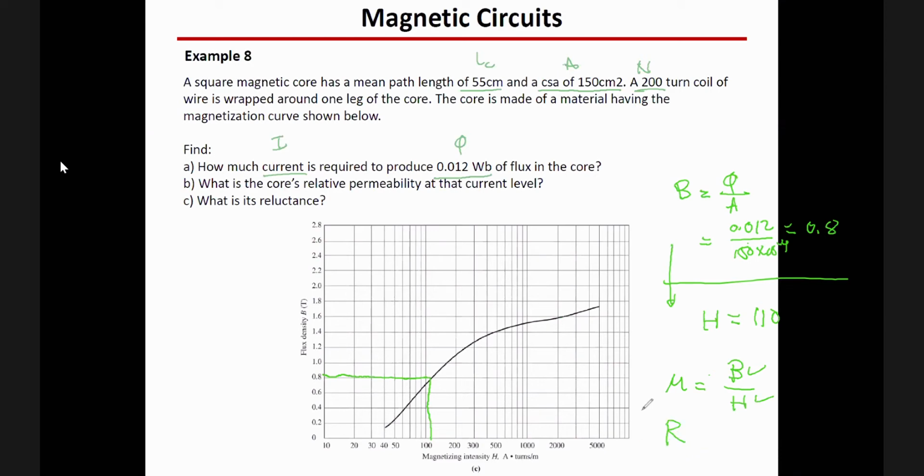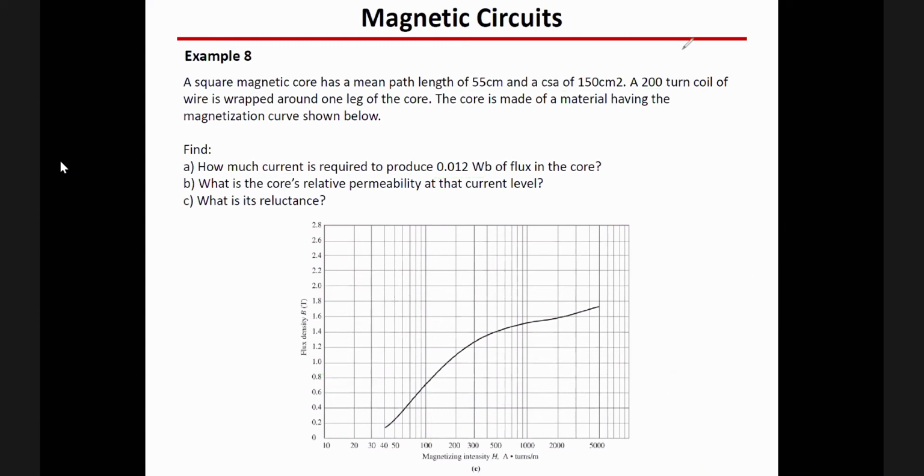And after that you go back to what you know before, and you say that F is equal to flux times R. Of course, there is no point here of complicating things, but just to explain that even reluctance can be found at this point. But this reluctance will be for this specific value of H and B.